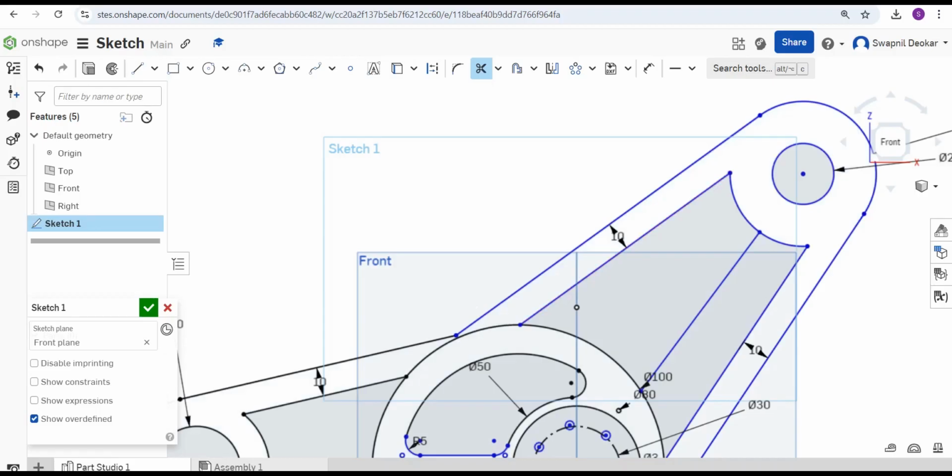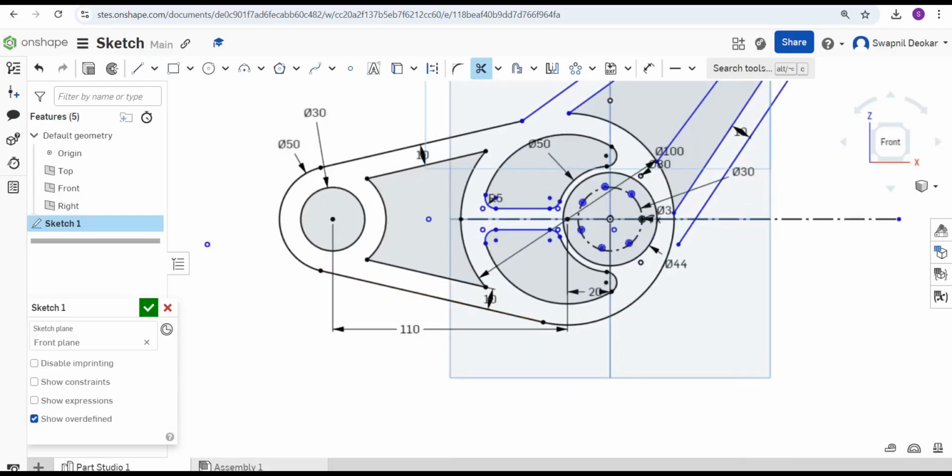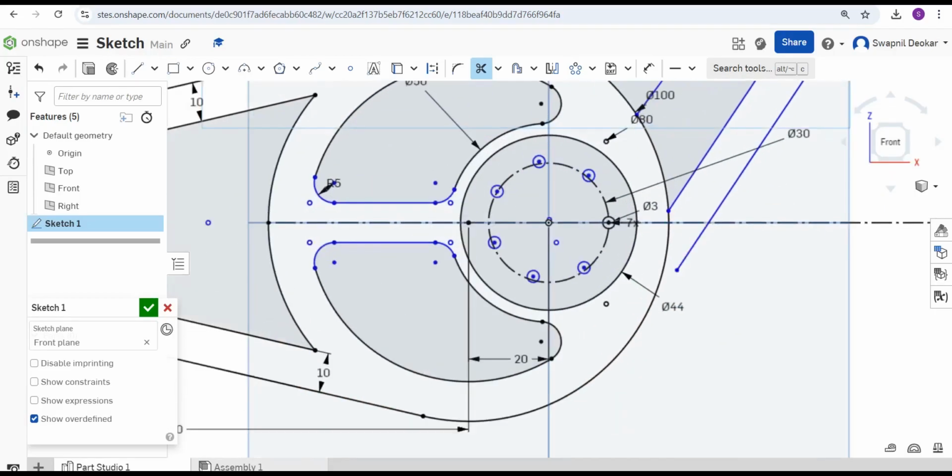Here we have to extend from this edge up to this, okay, and after that we are going to trim it.